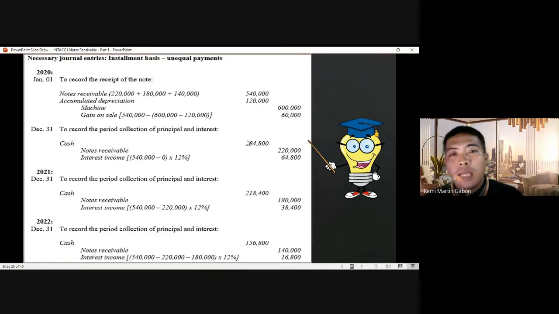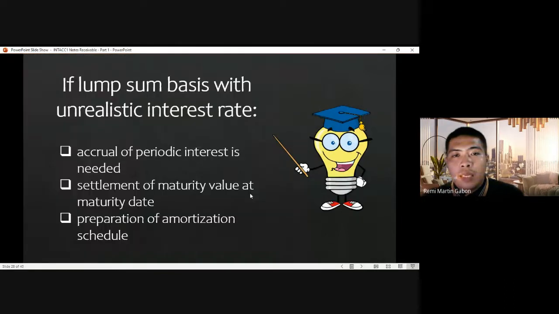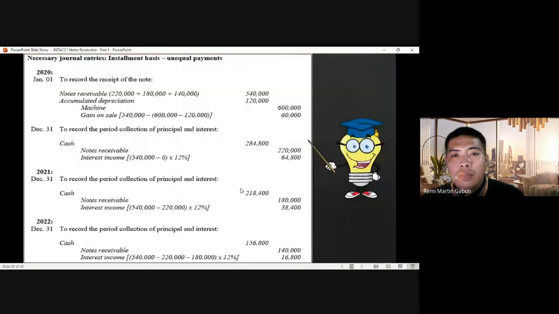The debit to cash is 284,800. Then for 2021, to record the periodic collection of principal and interest, the credit to notes receivable this time is 180,000.